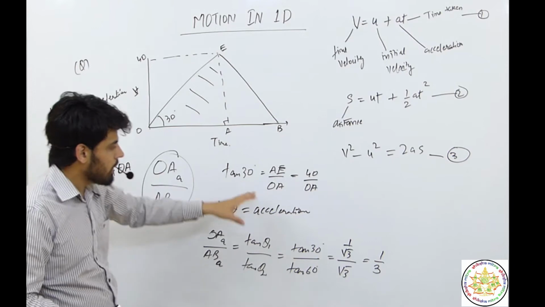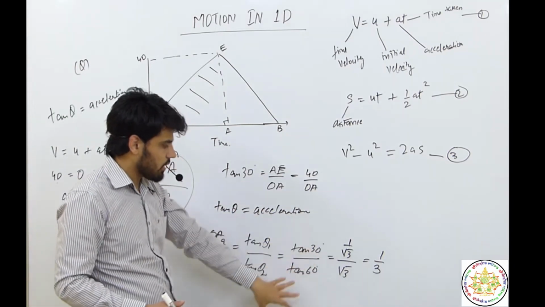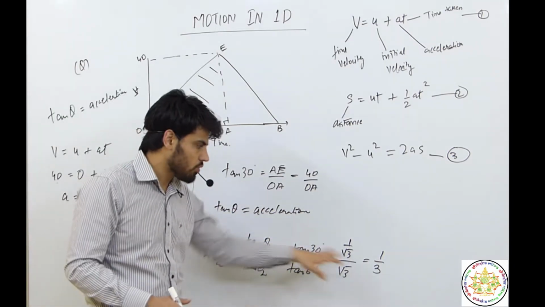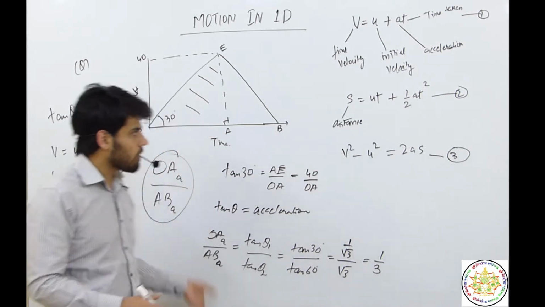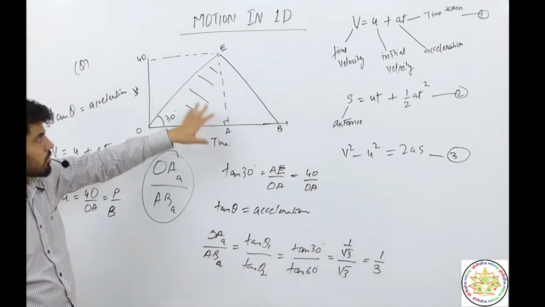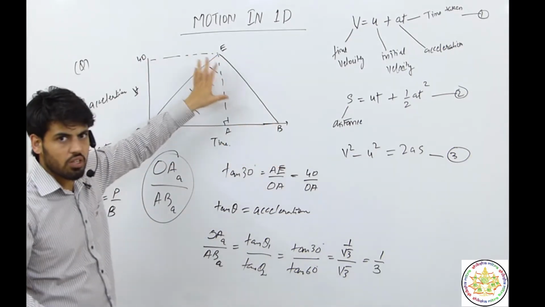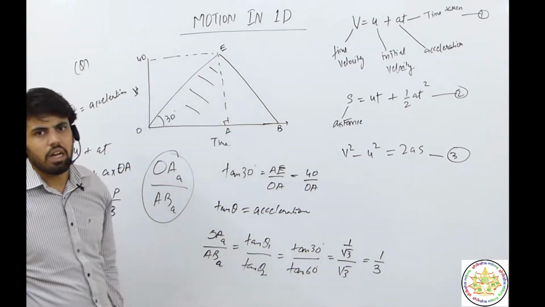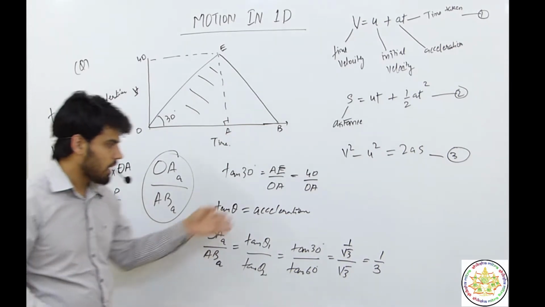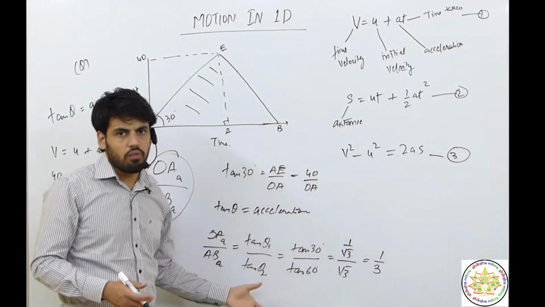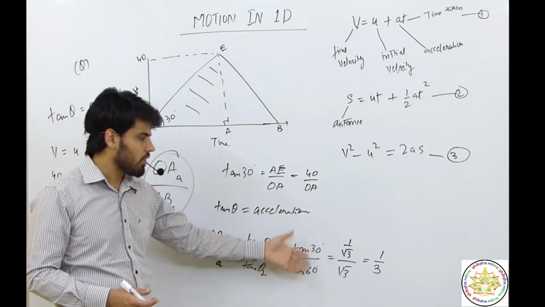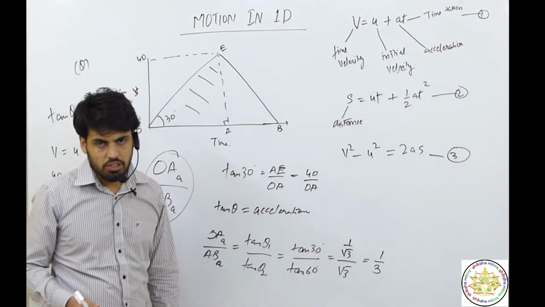So acceleration comes out to be negative, but we are using just the theta format to calculate the ratio, so that's why the negative sign is not there. Otherwise, with the equation of motion, one is negative acceleration and the other positive, and the ratio comes out negative. If both negative and positive options are there, then take the negative, and if all the options are positive, then obviously 1 by 3 is the correct answer.